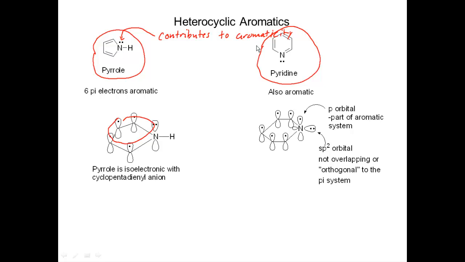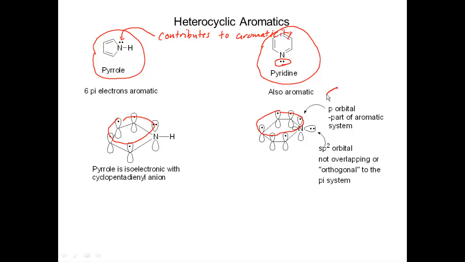So pyridine, you may think it looks at first like this has 8 pi electrons, but let's just look at this pair of electrons here. It's located in a place where it's actually not contributing to the aromatic system. Here's the structure of pyridine. And what we see here is we do still have the 6 pi electrons, and these come from the alternating double and single bonds that you see in the pyridine structure.